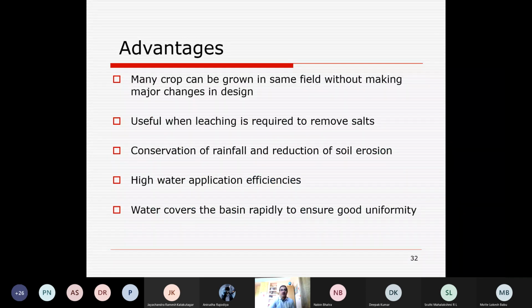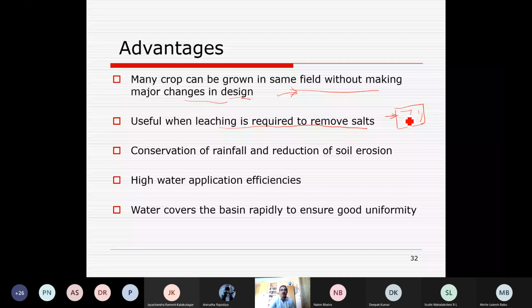What are the advantages? Many crops can be grown in the same field without making major changes in design. The reason is we have already leveled the field and developed the grade, so it is not required to change for different crops. It is useful when leaching is required to remove salts, because it is a small area. We just fill water here, and leaching is possible from this field itself because of salt accumulation in the soil.